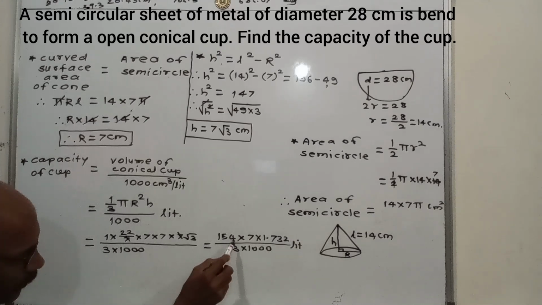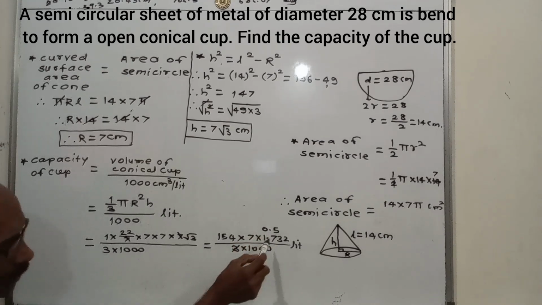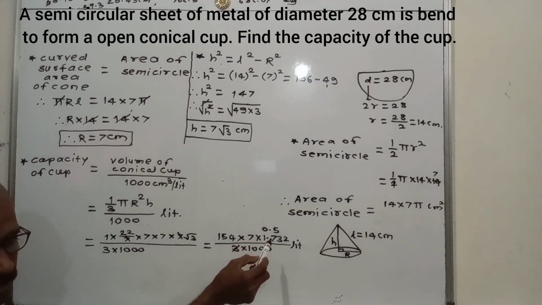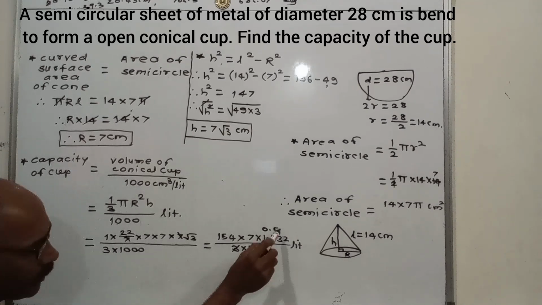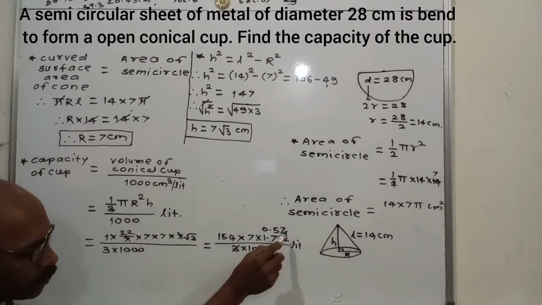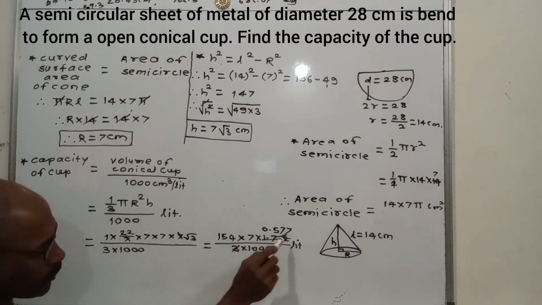If we want to divide here, then 3 5s are 15, and so on.